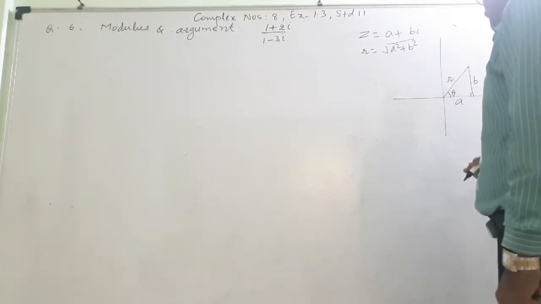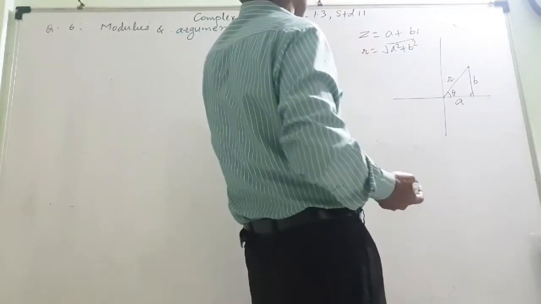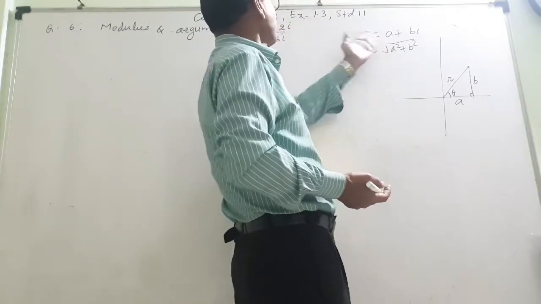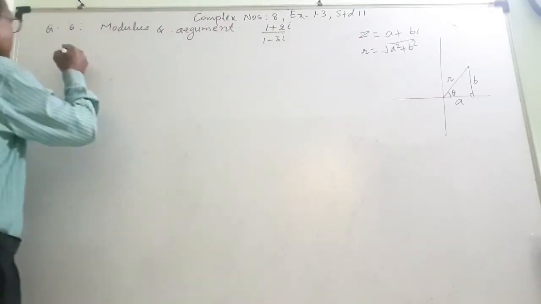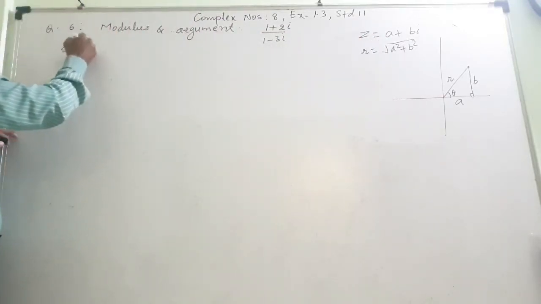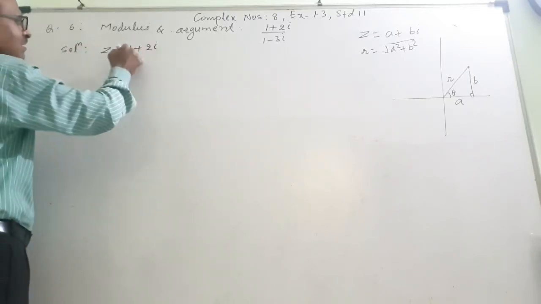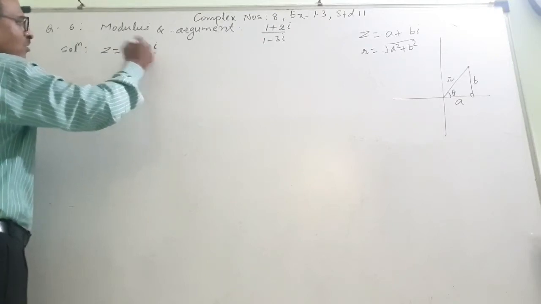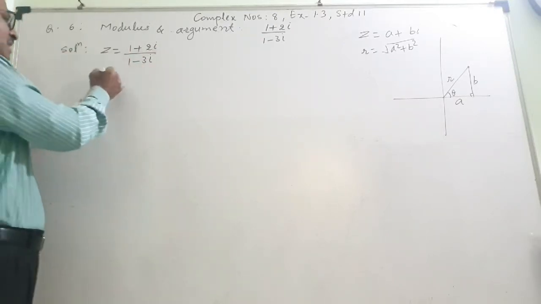That theta I want. But this is not of this form, so I have to convert this into this form. Solution: here z equals (1 plus 2i) upon (1 minus 3i). I should not have the denominator, so I will rationalize it.